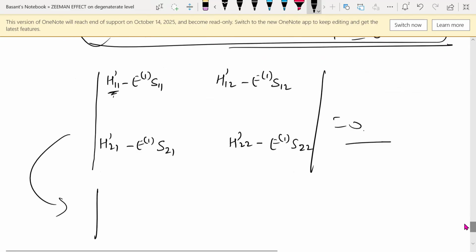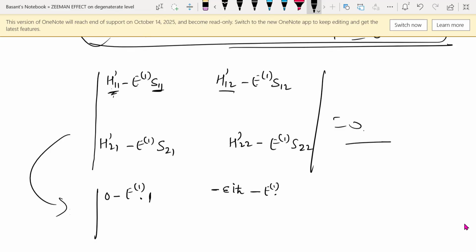So this determinant turns into 0 minus E1, and S11 is equal to 1 for a normalized function. This is 1. And now H12, I have calculated that, epsilon i h-bar, and minus E1 S12, and this is equal to 0 because of orthogonality.